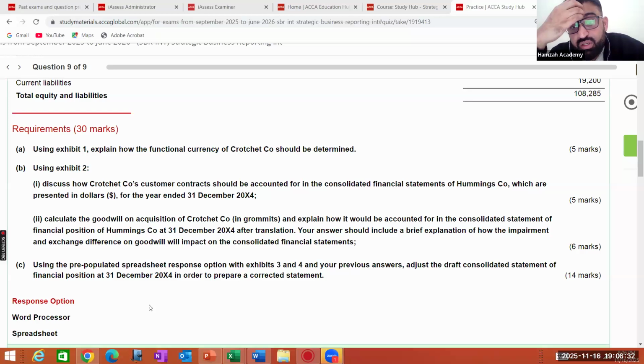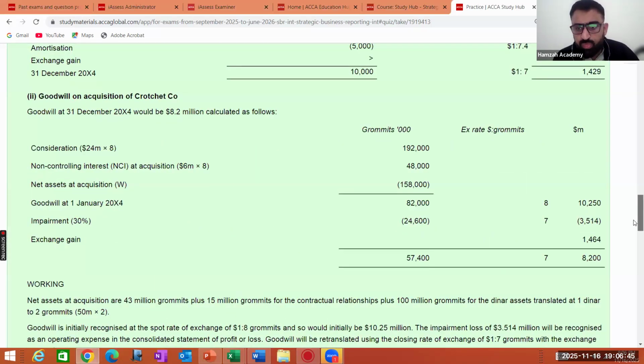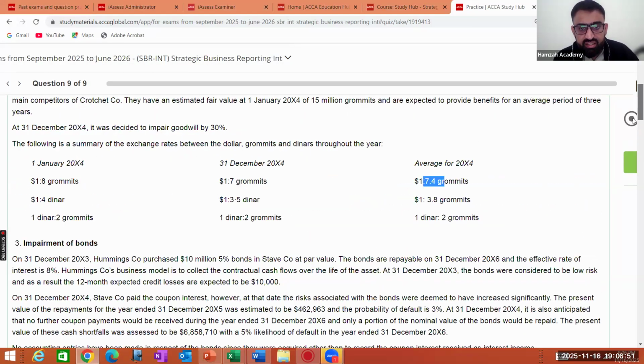Your answer should include a brief explanation of how the impairment and the exchange differences on goodwill will impact the consolidated financial statement. So now we have to calculate the goodwill at the date of acquisition and at the year end.